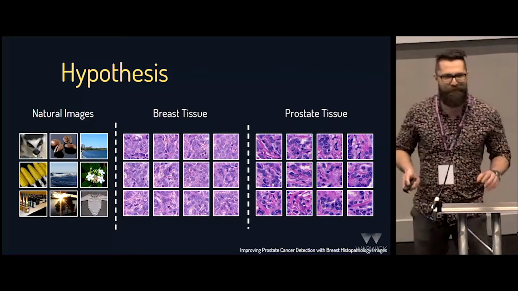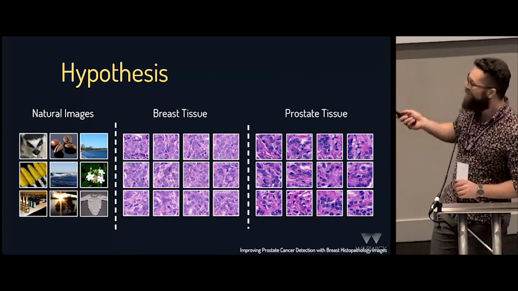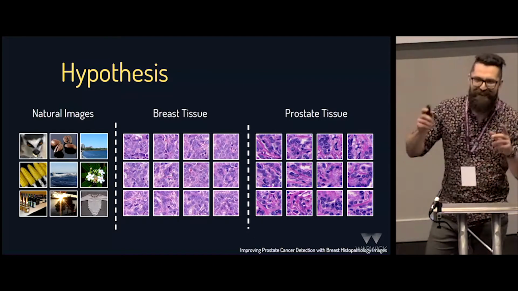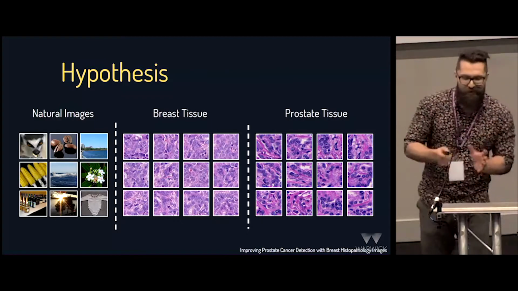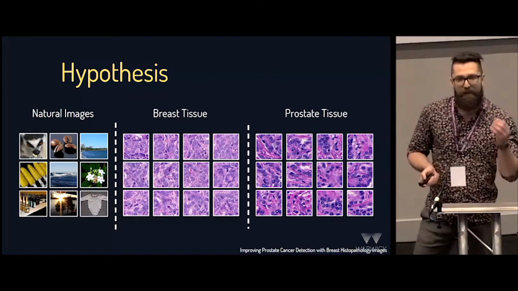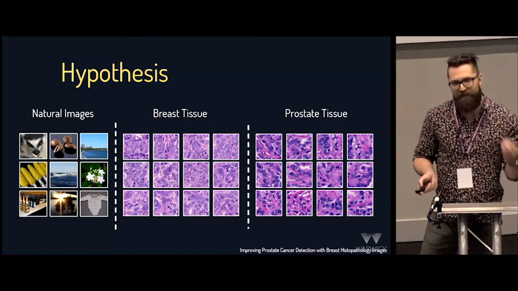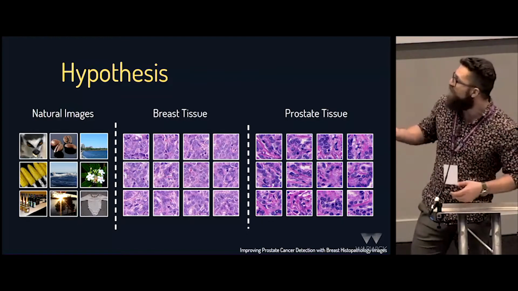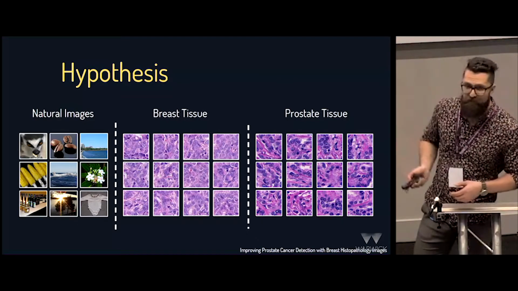It's not like we claim prostate is made out of cheese or something. But the point is that, consequently, we hypothesize that breast tissue images are better pre-training material for prostate cancer detection than ImageNet or these kinds of natural images.